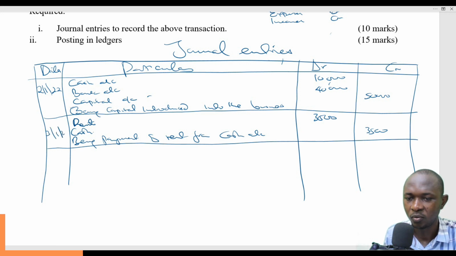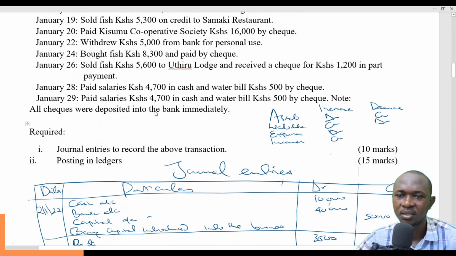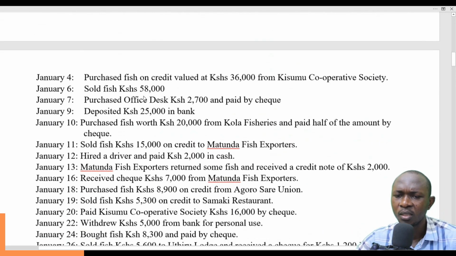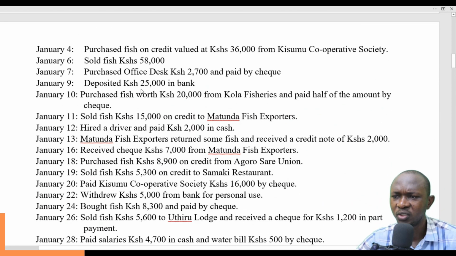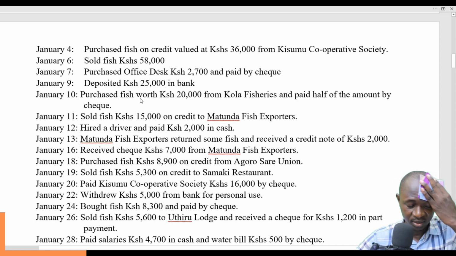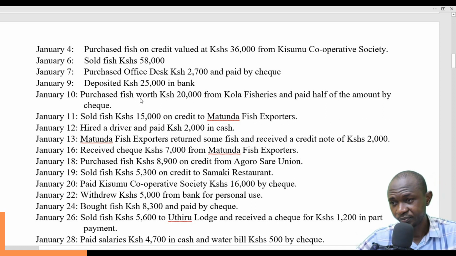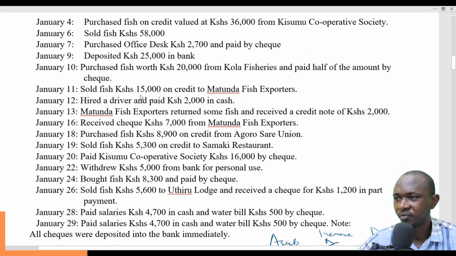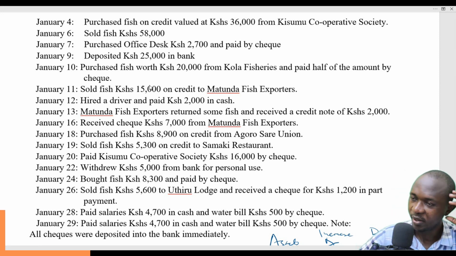Then you go to January 4th: purchased fish on credit valued at 36,000 from Kisumu Cooperative Society. When you buy goods on credit, we have to have the name of that person. He's a creditor, yes, but we have to have his name.